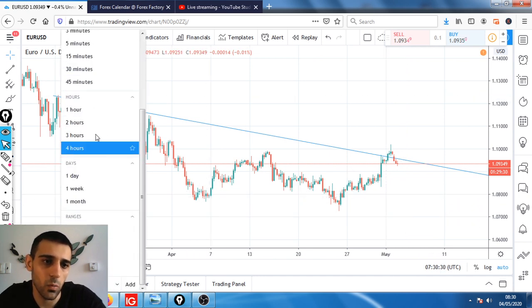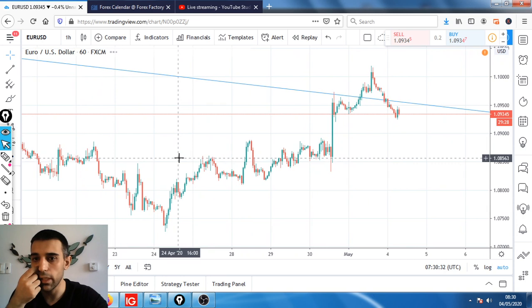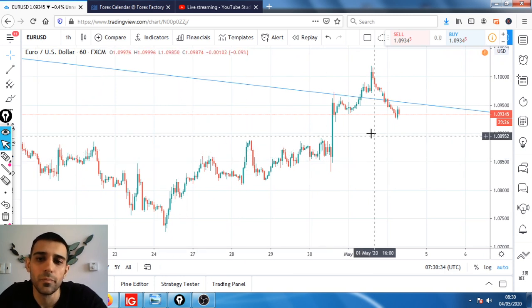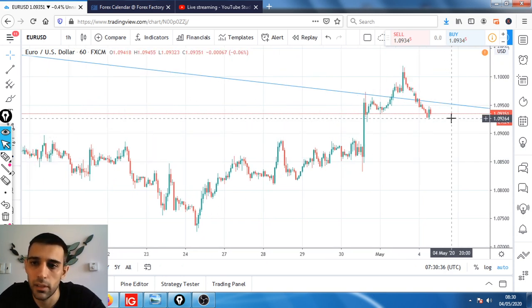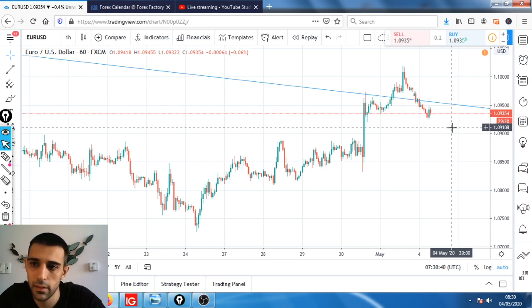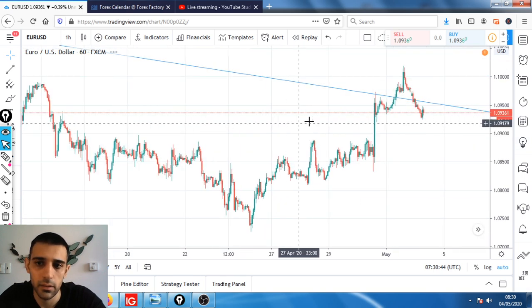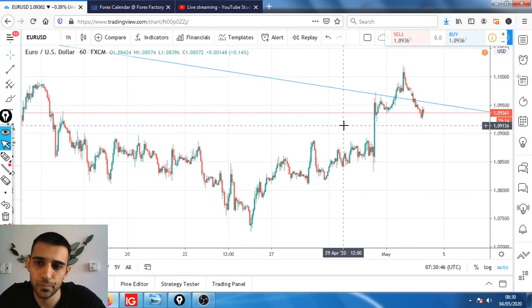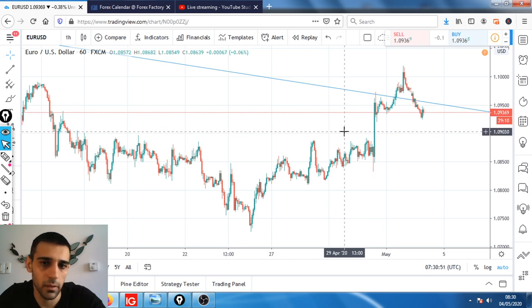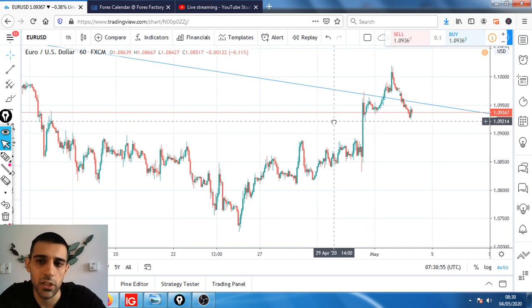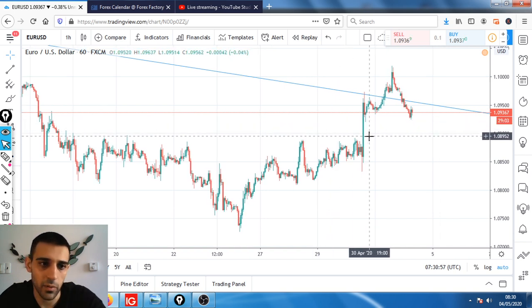So let's drill down to the 1-hour time frame and see what we can use on here. We have this level down here, and if the price comes down to 109.05, I can't really justify a day trade opportunity in this case.